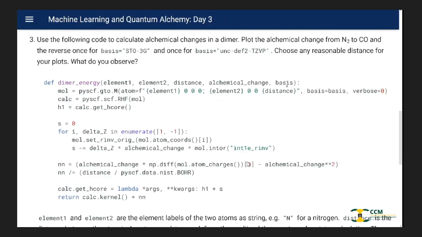CO and -1. Now decrease the first, increase the second. Who knows the periodic table? BA. Does that make sense?